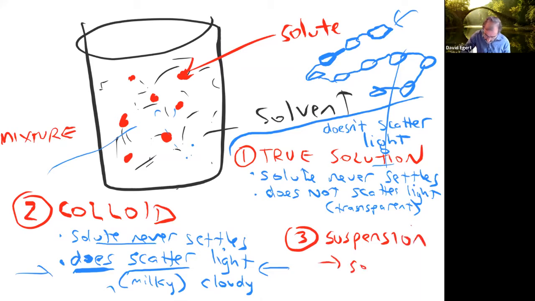Here, the solute eventually settles. Think about if you have muddy water and you shake it up, it looks like muddy water, but then you come back in an hour and you've got silt at the bottom and clear water on the top, right? People have probably done that. Blood. Your blood is a suspension.